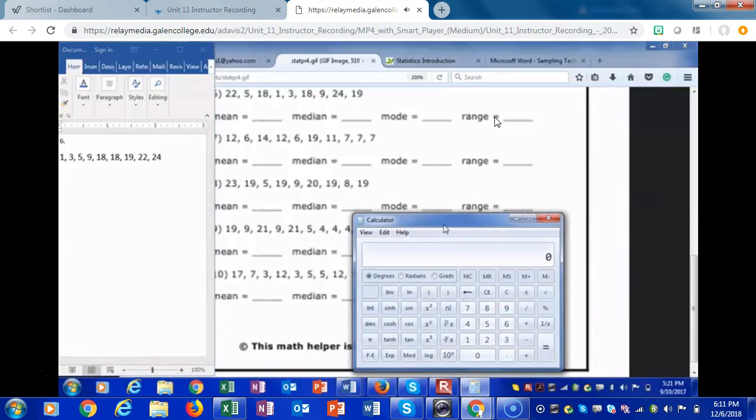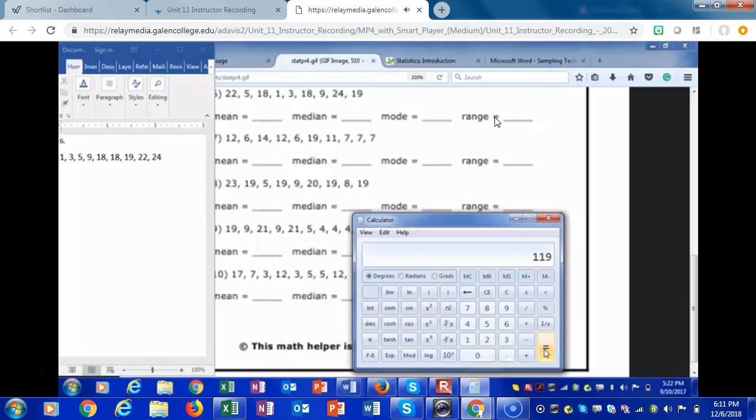So the mean here would be 1 plus 3 plus 5 plus 9 plus 18 plus 18 is 36 plus 19 plus 22 plus 24. Okay. So we have 119.